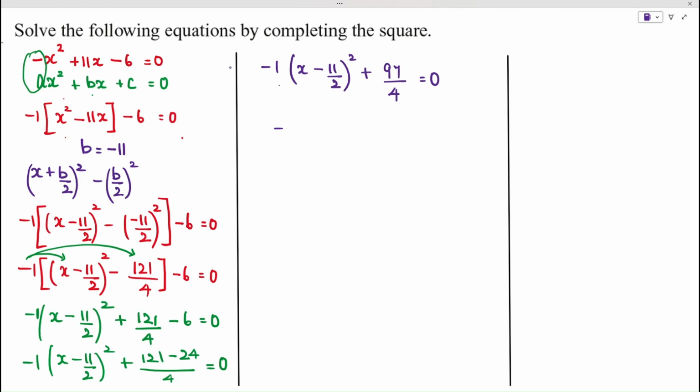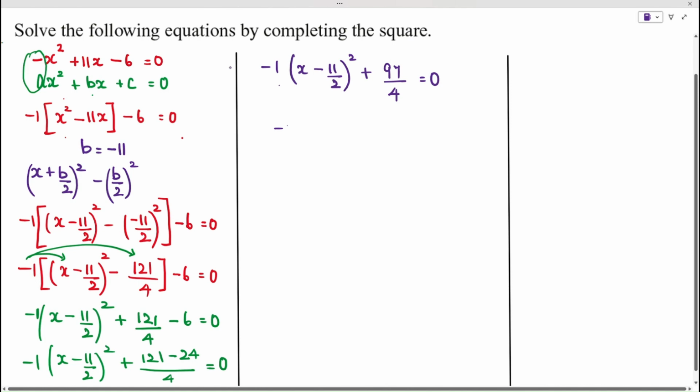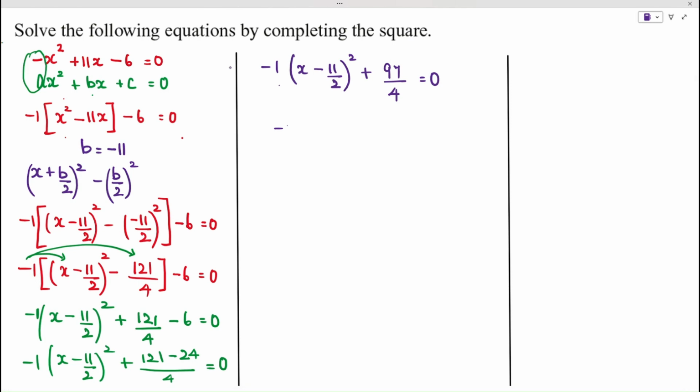Now we can start to rearrange, and so we're going to move our 97 over 4 to the right hand side. So we get minus 1 times x minus 11 over 2 the whole squared is equal to minus 97 over 4.